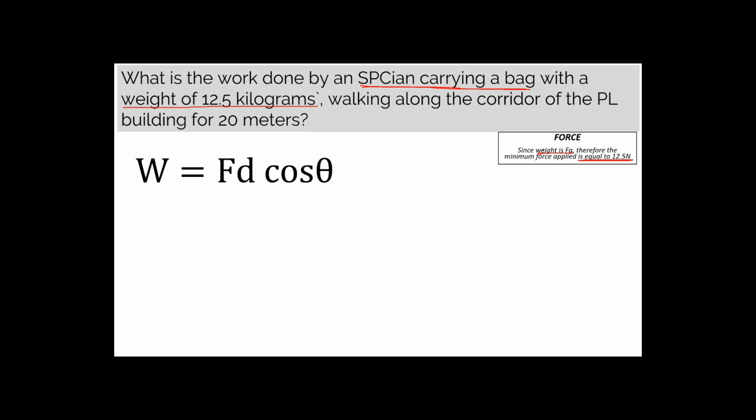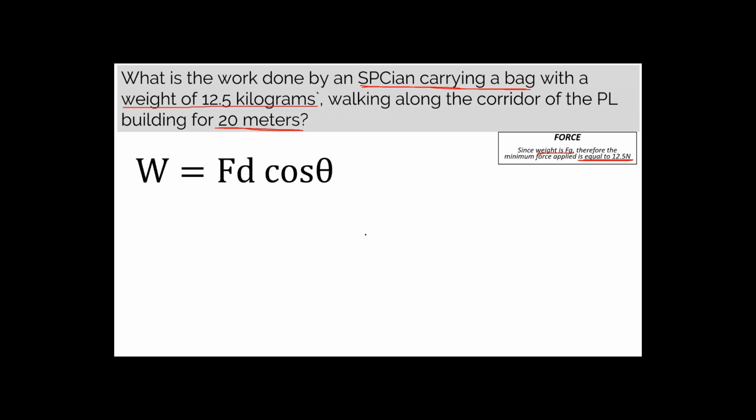Then the unit we'll be using is in Newton. So the force due to gravity or the force applied is equal to 12.5 Newton. Then we also have the distance, which is equal to 20 meters.